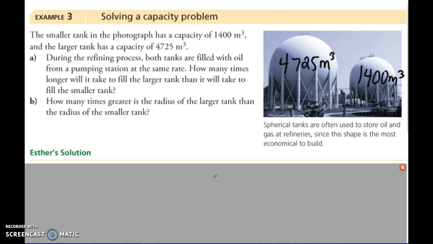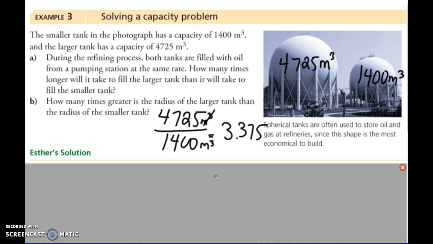How many times longer will it take to fill the larger tank than it will take to fill the smaller tank? So if we take the volume of the larger tank and divide it by the volume of the smaller tank, we get 3.375. So it will take a little more than 3 times longer to fill this large tank than it does to fill the smaller tank. Okay?